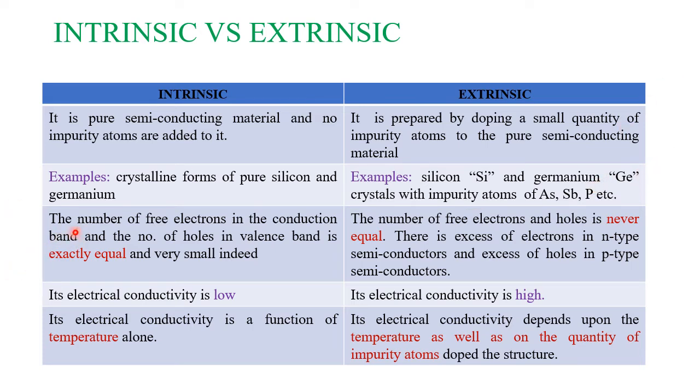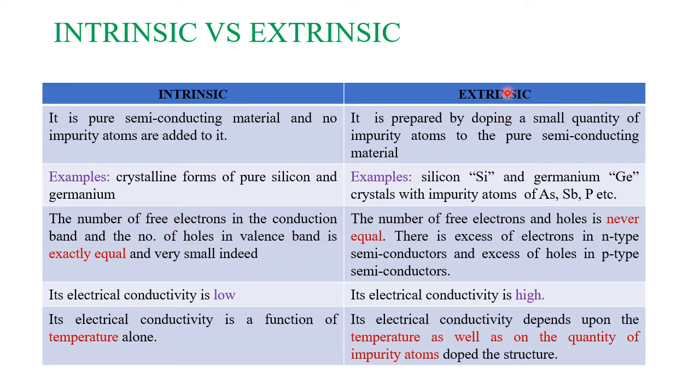And then the next point, the number of free electrons in the conduction band and the number of holes in the valence band is exactly equal in an intrinsic semiconductor. So probably in the intrinsic semiconductor, it is not possible to have movement of free electrons or free holes.